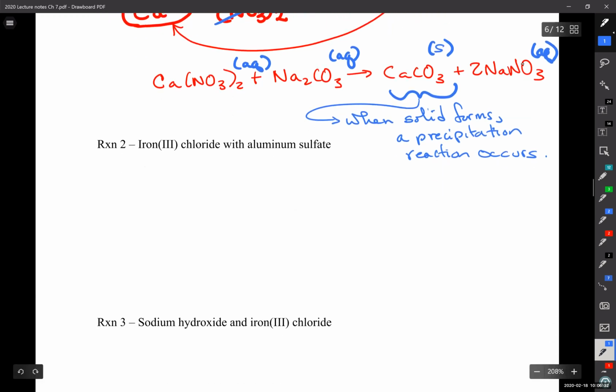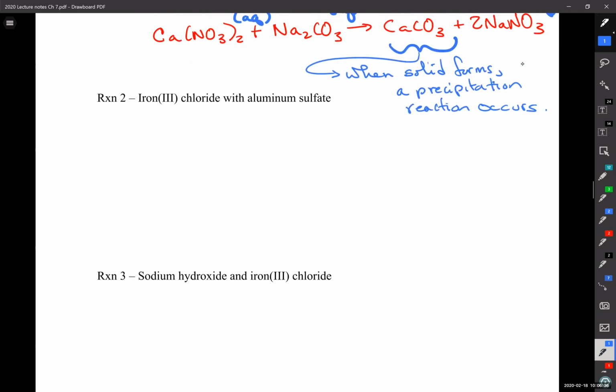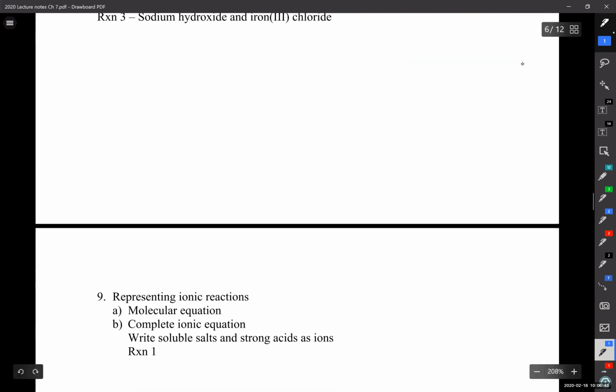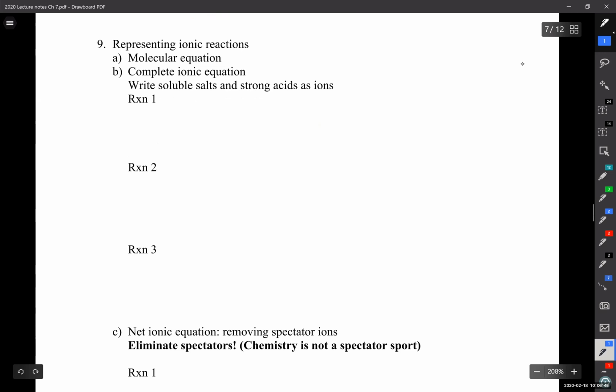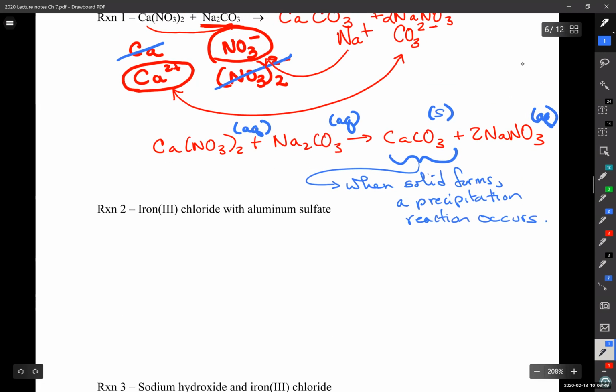All right. Do one more. Maybe, yeah, we'll do one more. Iron 3 chloride. And then what I think I'll do is I'll save that one. I'm going to do one example off each one of these, and the rest we're going to do kind of as a worksheet in class. It'll be like practice time.